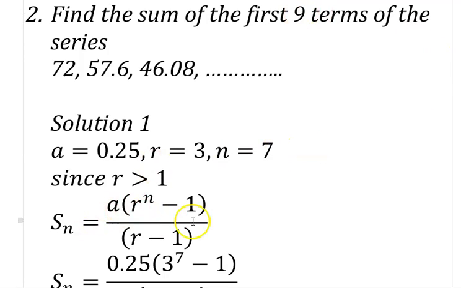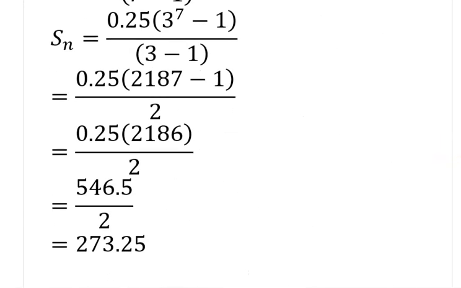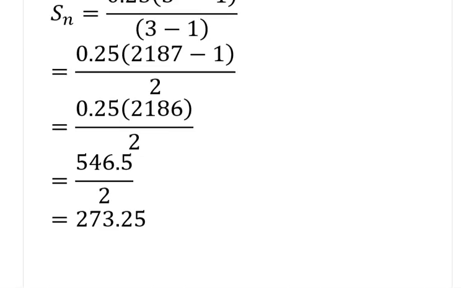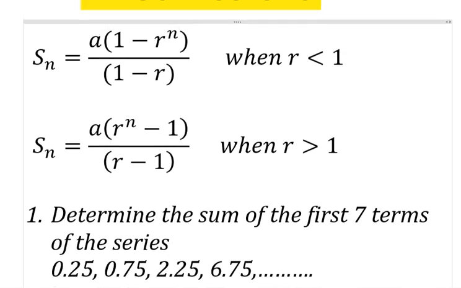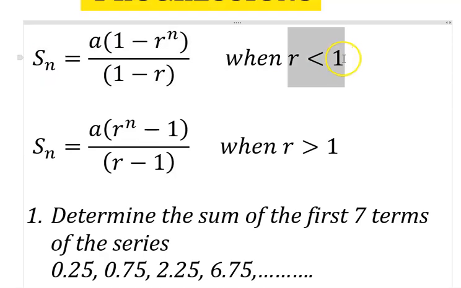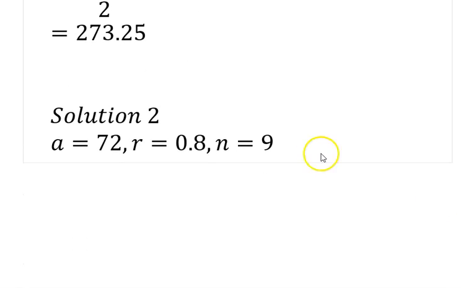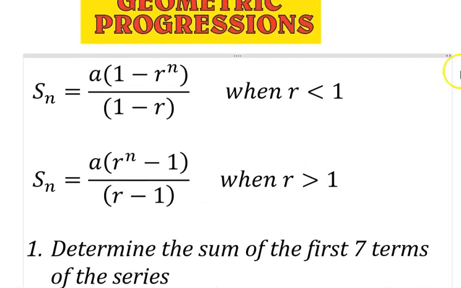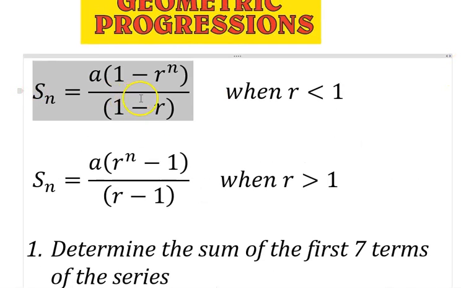Okay, let's bring out our formula. Let's quickly check something: our common ratio here is less than 1. 0.8 is less than 1. So we look for the formula. This is what we are going to use when R is less than 1. Since R is less than 1, we are going to be making use of this first one.